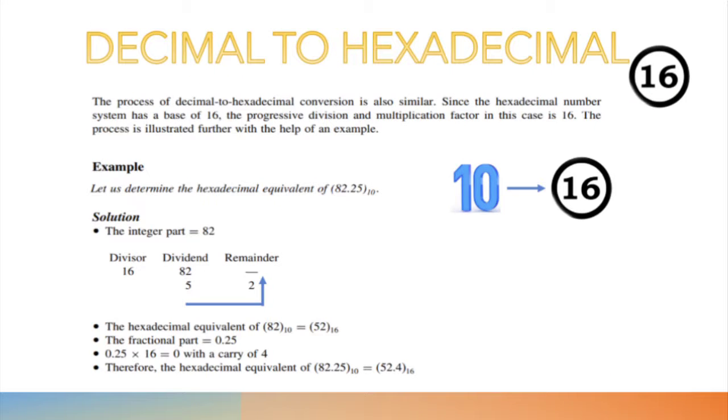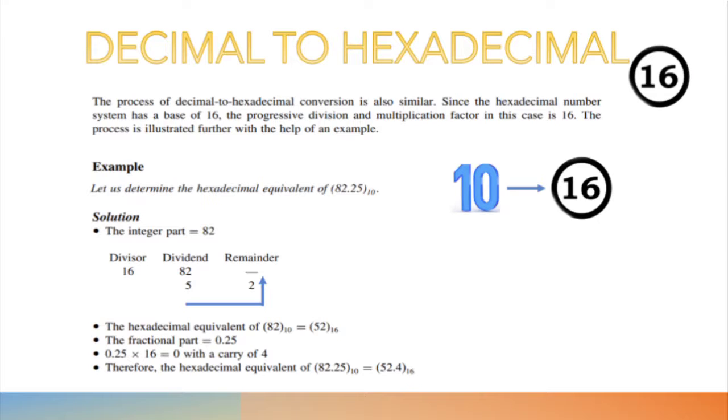Now we can go for decimal to hexadecimal conversion. The process of decimal to hexadecimal conversion is also similar. Since the hexadecimal number system has a base of 16, the progressive division and multiplication factor in this case is 16. The process is illustrated further with the help of an example.